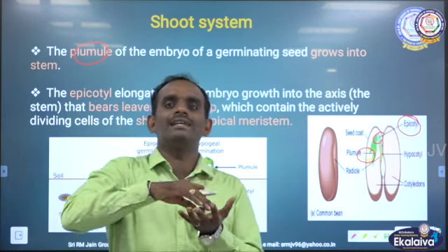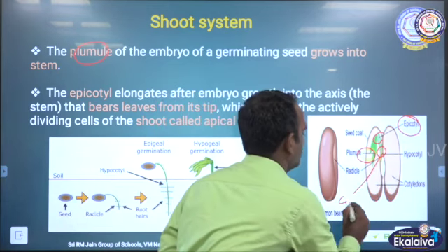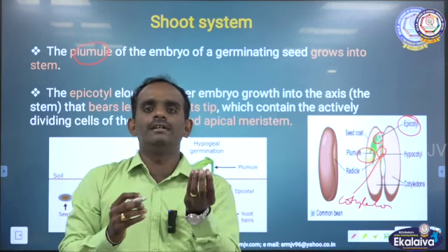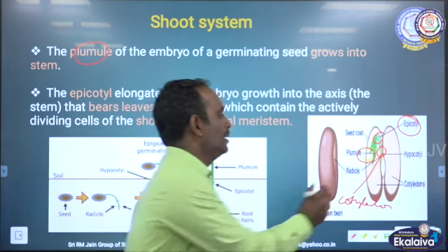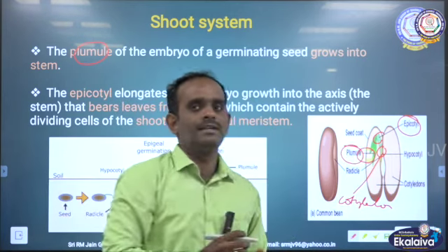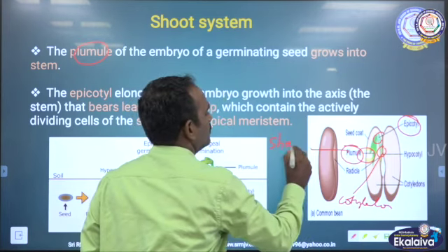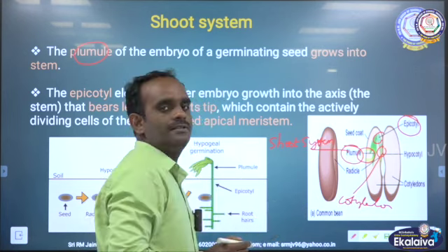A structure which arises on the cotyledon. This is said to be the cotyledon. From the cotyledon, epicotyl will arise. From the epicotyl, plumule will arise. This plumule gives rise to the shoot system. Can you understand?